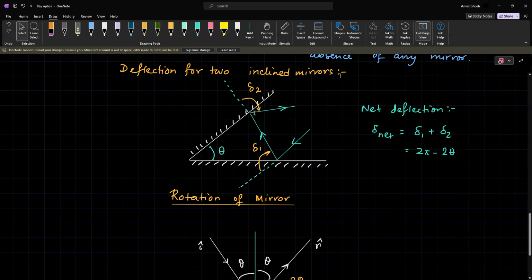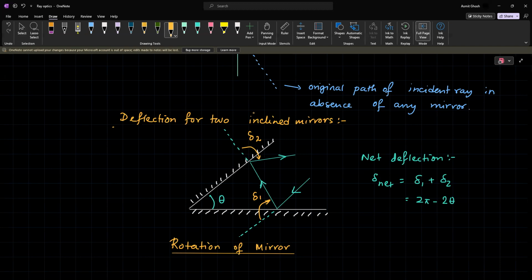Okay, so a short question: let us say I have kept two mirrors at 90 degrees apart. Okay. And a random ray of light is hitting any one of the mirrors. So the net deflection of that ray of light should be how much?